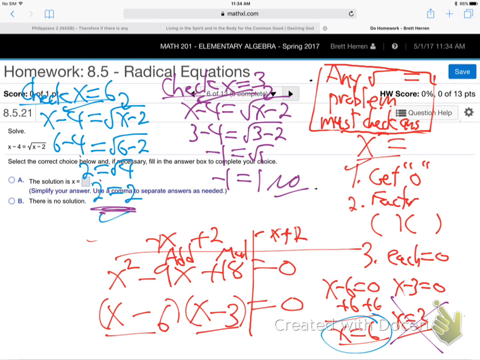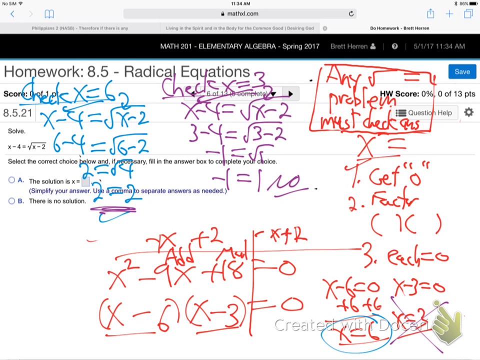So a lot of steps on that, huh? Which problems do we have to check on Wednesday's test? Anyone that has a square root with an equals. And there'll be 1 or 2, probably 2, on the test Wednesday. Oh yeah, at least 2 or 3.